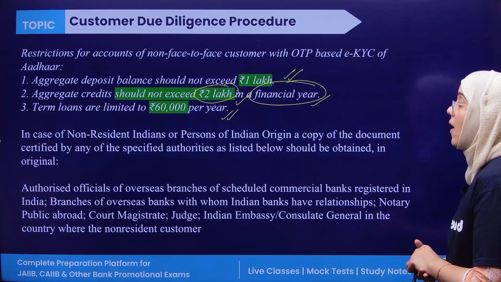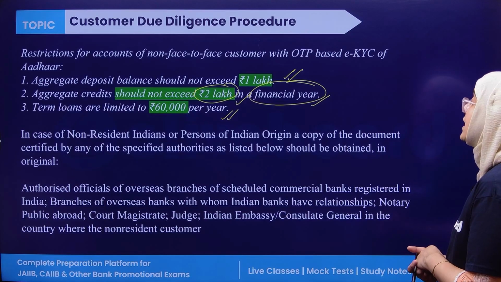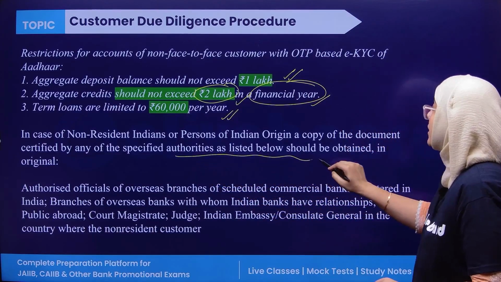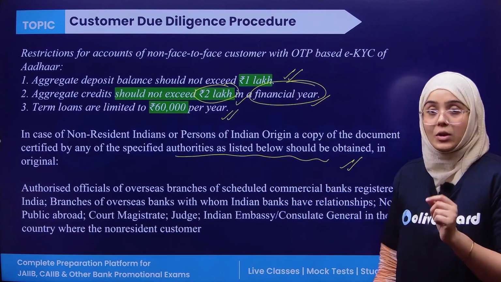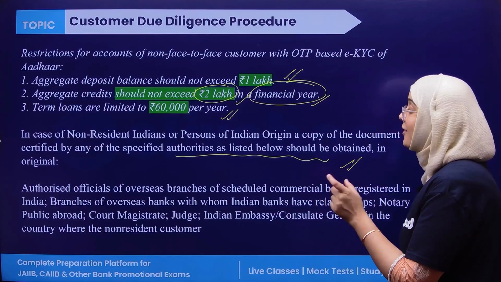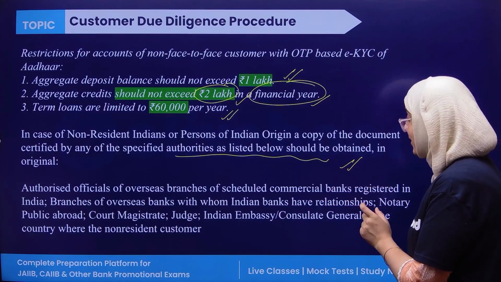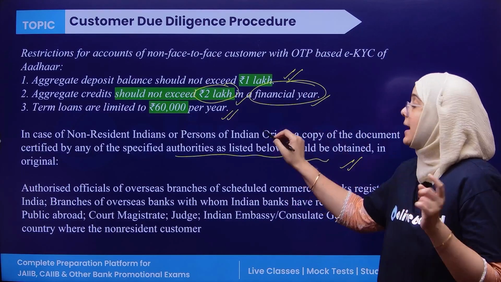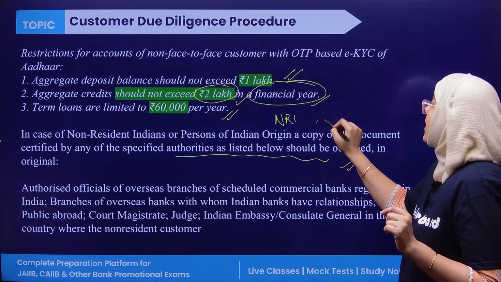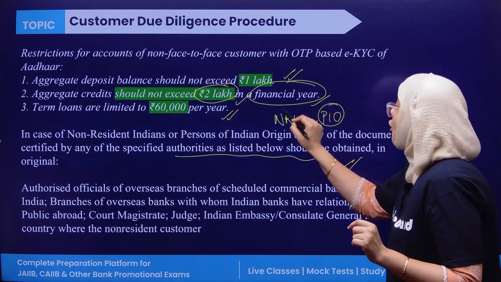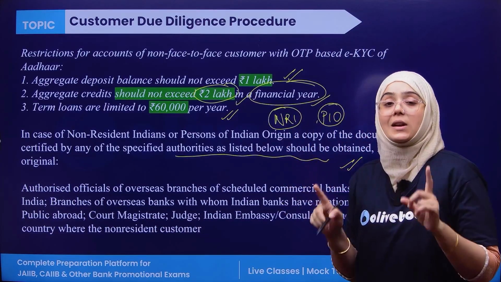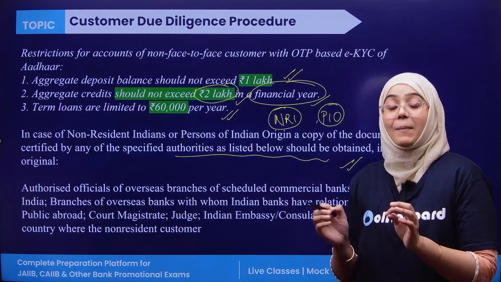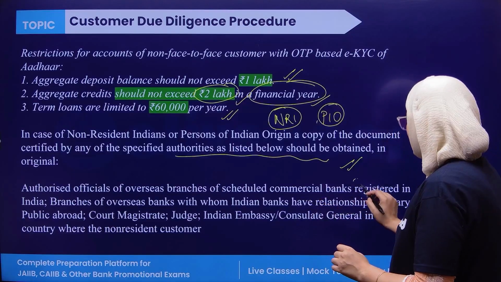In case of NRI, non-resident Indian or people of Indian origin, a copy of the document certified by a specified authority should be obtained in original. Now there are authorized officials of overseas branches of scheduled commercial banks or any. So if you are any NRI or people of Indian origin, for your customer due diligence, you have to submit a document that has been certified by the officials listed below.